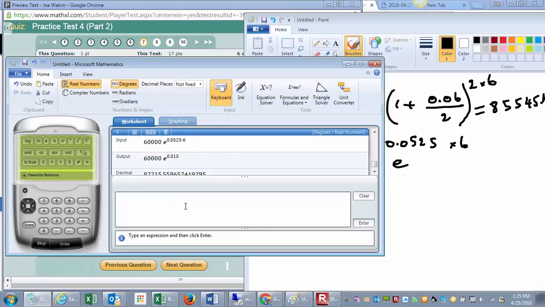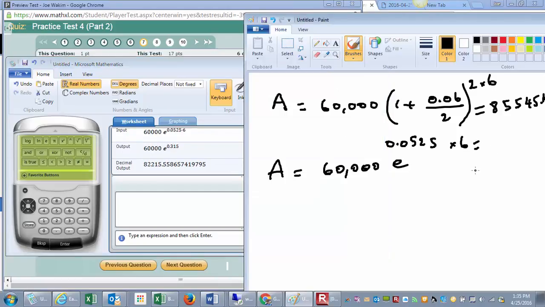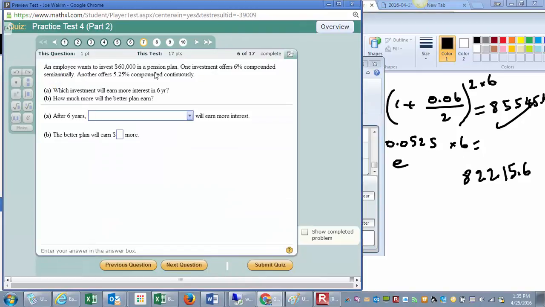Enter. So the other one would be 82,215.5. So this is more. This will give me more. Okay. So the answer would be, after 6 years, the 6% did better.